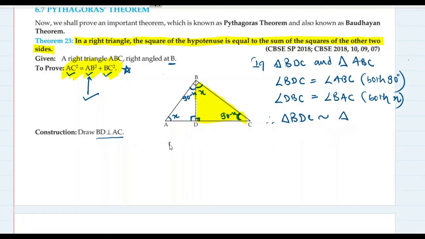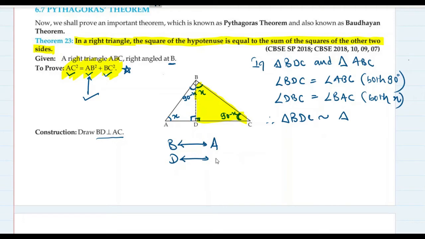Now let us figure out the correspondence. In the small triangle BDC, B is corresponding with which part of the big triangle ABC? Now in small triangle BDC, angle B is X. In big triangle ABC, angle A is X. In the small triangle BDC, angle D is 90.